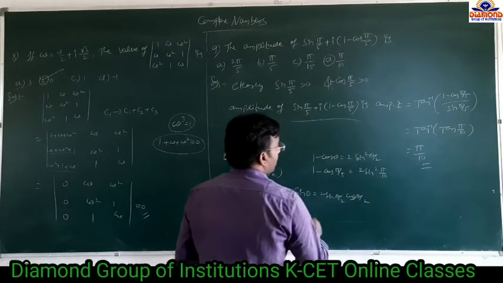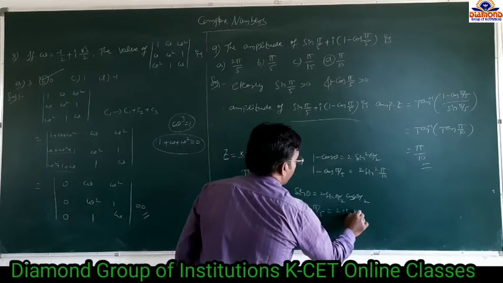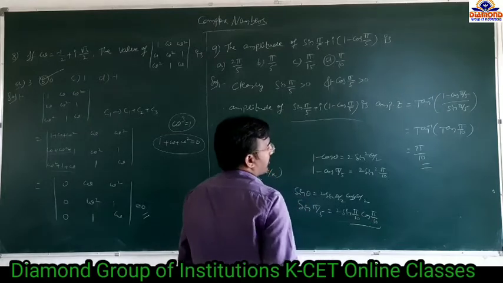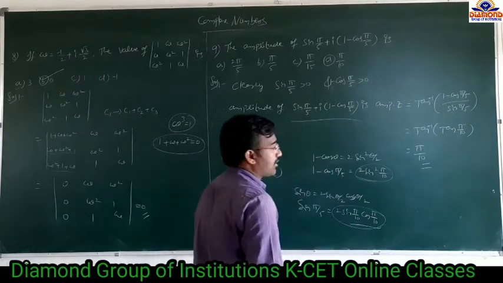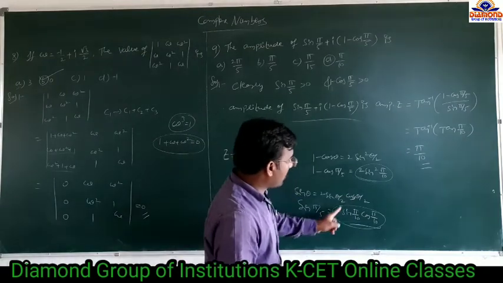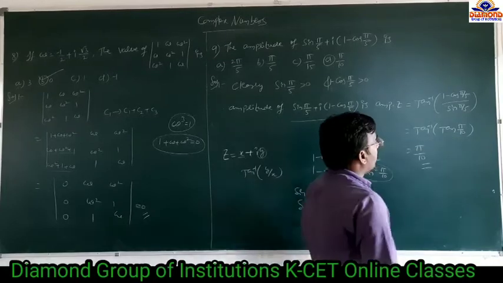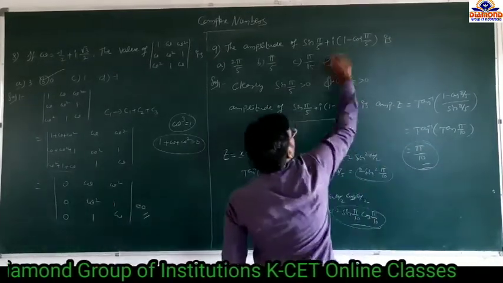So sin pi by n can be written as 2 sin pi by 10 cos pi by 10. In the numerator is 2 sin square pi by 10, in the denominator is 2 sin pi by 10 cos pi by 10. So 2 cancels, sin pi by 10 cancels. Remaining is sin by cos, tan pi by 10. So tan inverse tan cancels, you get pi by 10. So the amplitude is option D.